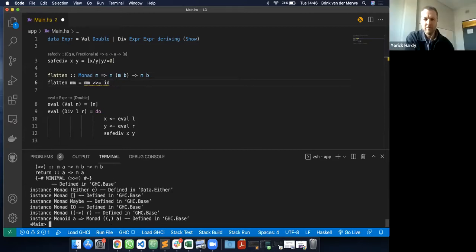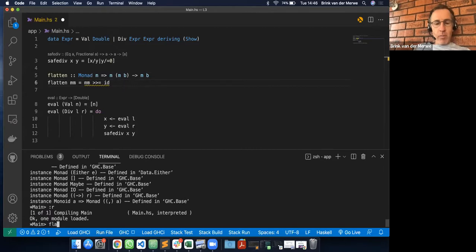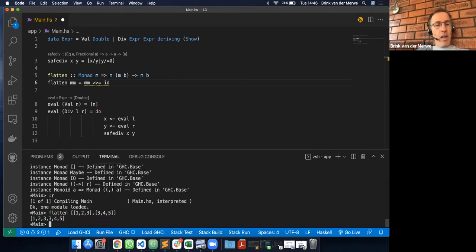Let me show you. I guess I need to reload. So let's use it. Let's flatten a list with 2 lists in it, say 1, 2, 3 and 3, 4, 5. And what it's doing is removing the fact that I have nested lists.